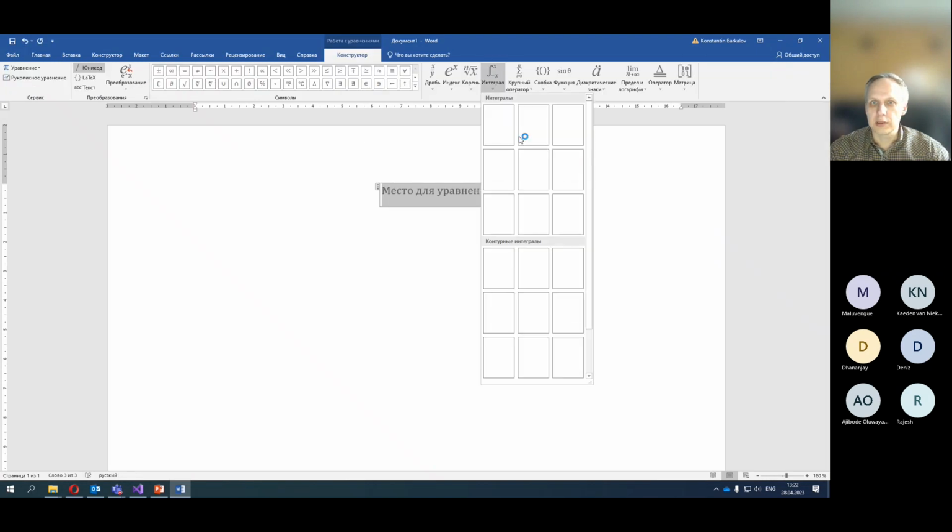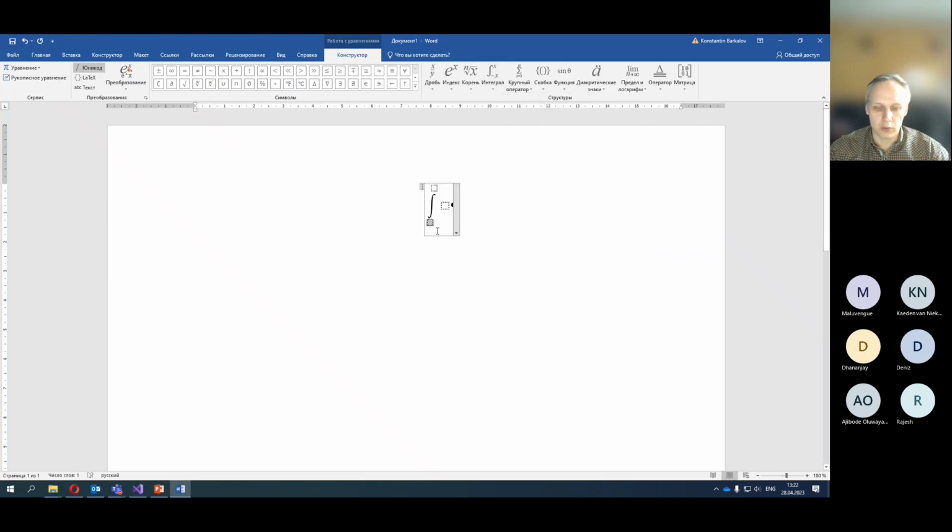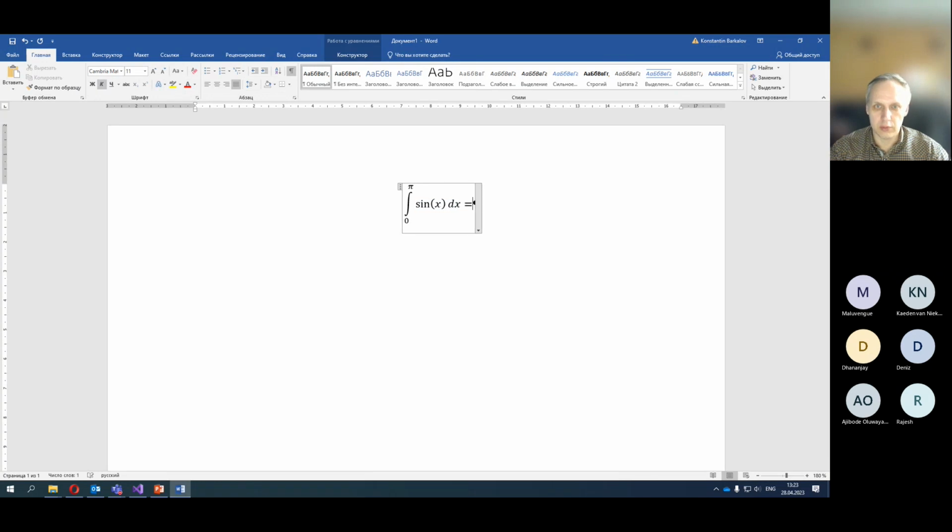Suppose that we want to find the integral, for example, from 0 to pi of sine x dx. How can we find it? What is the antiderivative of sine? The antiderivative of sine is minus cosine.